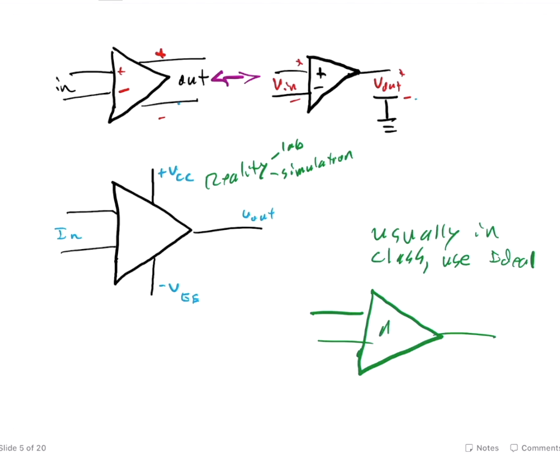That's ideal, with some linear gain of A. So this is the ideal circuit, where you're supposed to realize that we have power hooked up to it. It's easier to work with ideal, and there's a few other things about ideal circuits too.